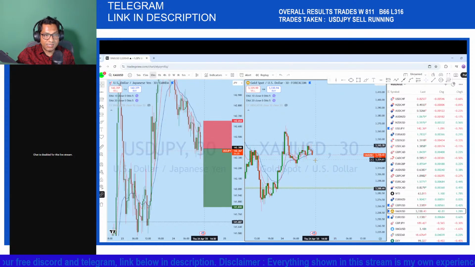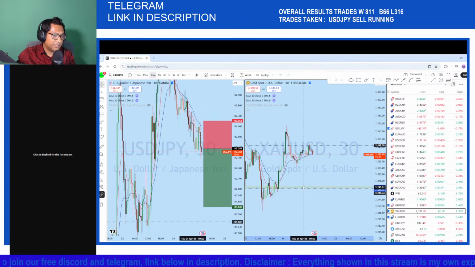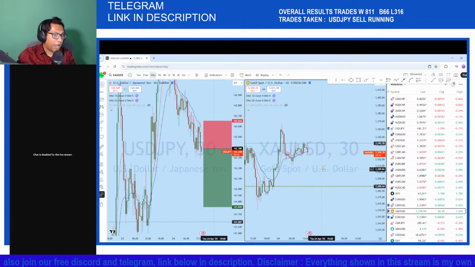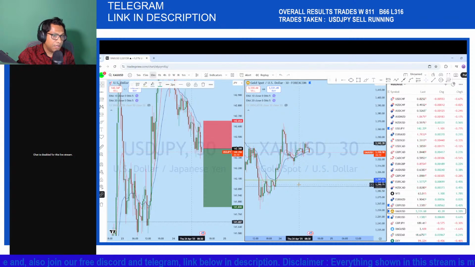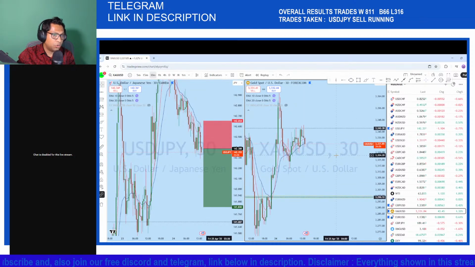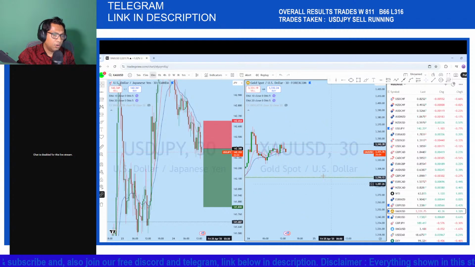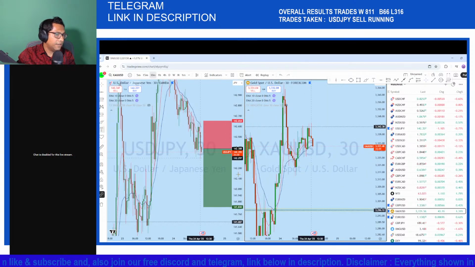We might see some short-term drop to that. This is the daily support. I think the price may come back that far or may not, but once the market is able to drop to that level on the daily support, we will be looking for entry. So that's what we're looking at.